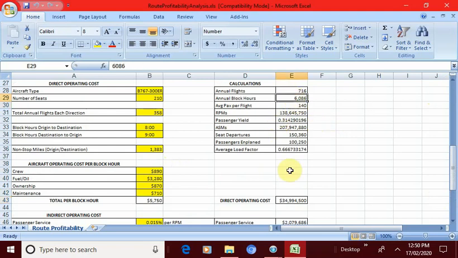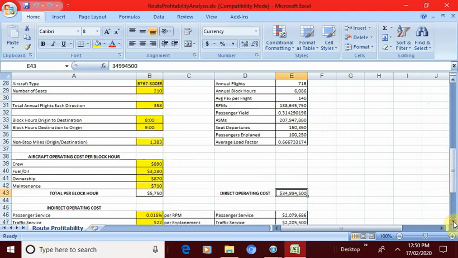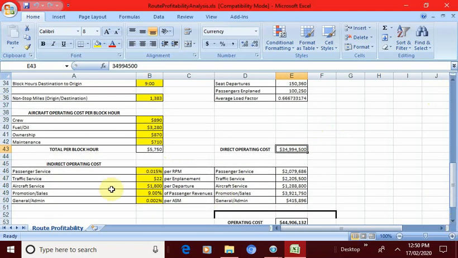So you'll get this direct operating cost, and if you move down, we had to input the indirect operating cost, or the percentage of the passenger service, general admin, and the promotion and sales, and the other figures of traffic and aircraft service, and that was calculated, and this is the calculation of the indirect cost.